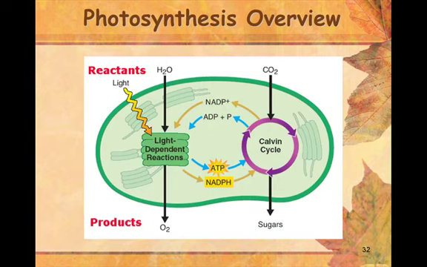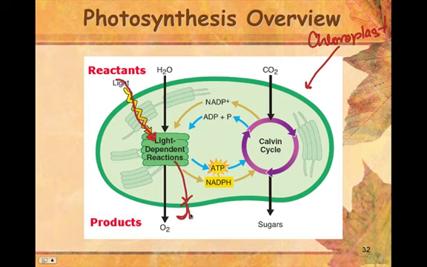So in this particular picture, it gives you a nice overview of how photosynthesis occurs. And this is one chloroplast. And of course you see the light coming in to where the light-dependent reactions take place. And these, of course, are your thylakoid membranes.